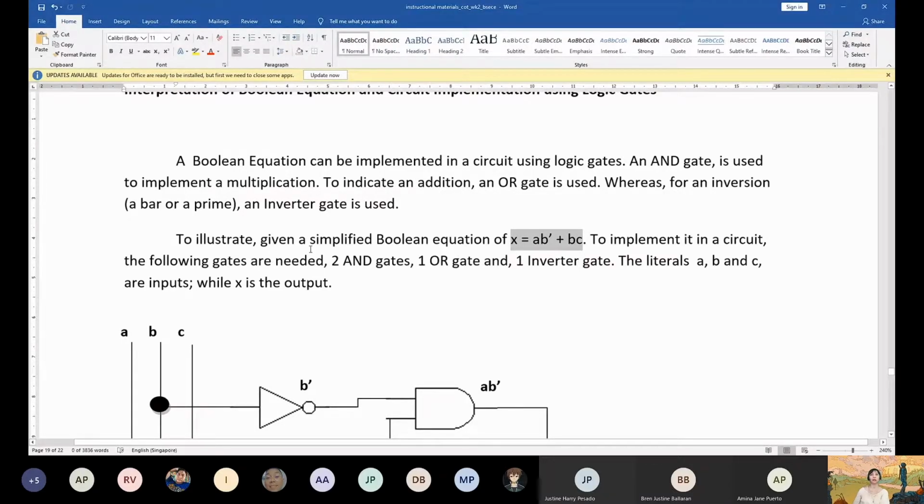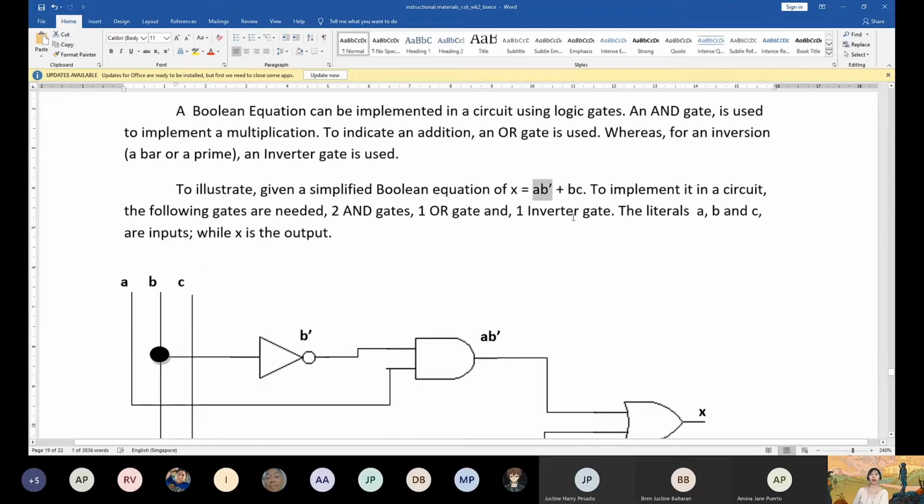Example here: the equation is x equals AB prime plus BC. We had this last lecture, so this serves as a review. We start with the AB prime term. We have 2 terms: term number 1 is AB prime, and the second term is BC.